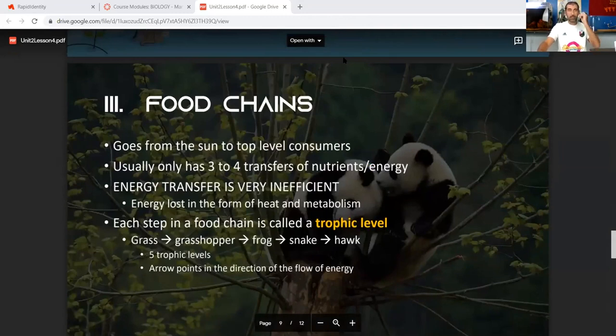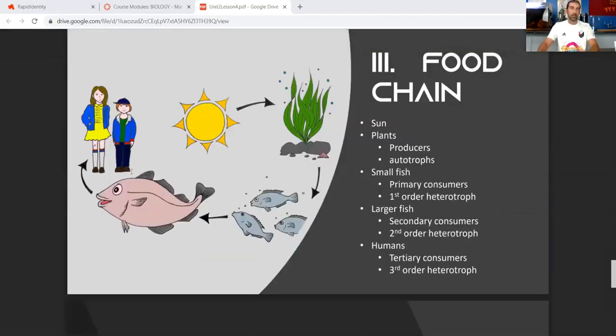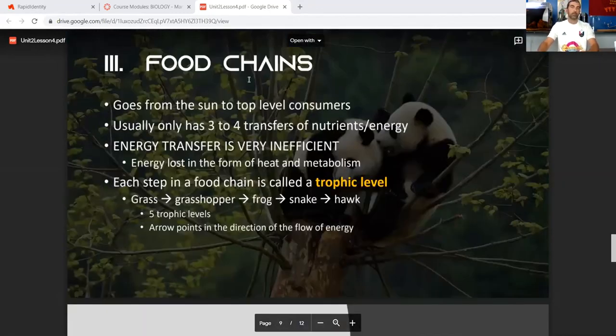Now, a food chain goes from the sun to all top-level consumers, just like what you saw right here. And it usually only has 3 or 4 transfers of energy. This is an important part right here. It usually will only have 3 or 4 transfers of nutrients or energy, and that is because energy transfer is very inefficient.